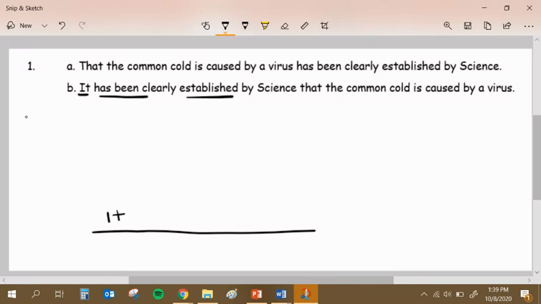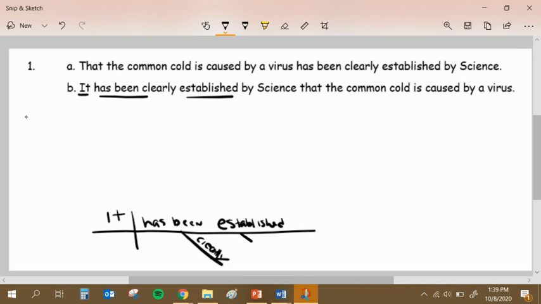So it has been established clearly. It's a little adverb. Sorry, everybody.